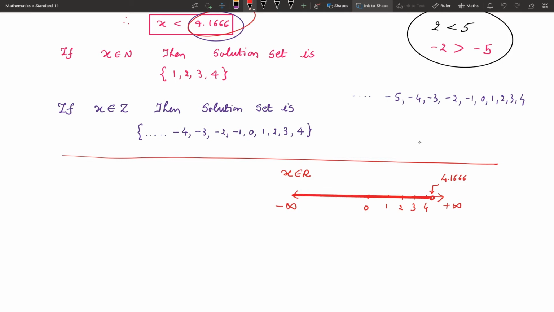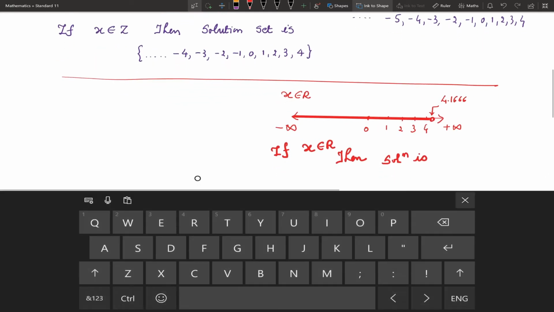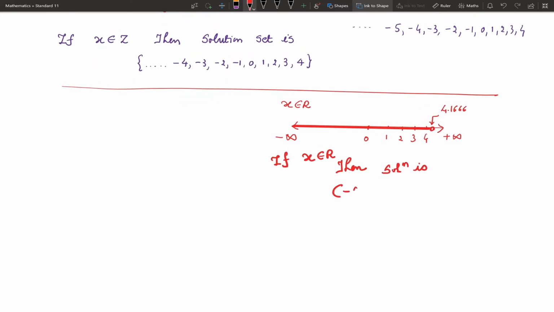So in that case the solution can be written in interval form. If x belongs to R, then the solution is minus infinity to 4.166, an open interval. Plus infinity or minus infinity is always an open interval.